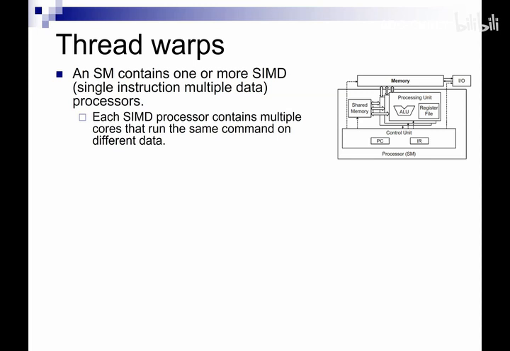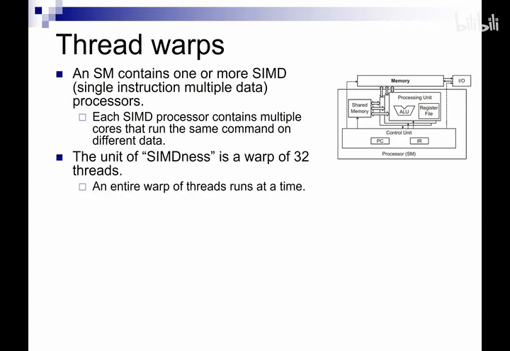If they run the same instruction, then it's operating in a SIMD fashion, single instruction, multiple data. In fact, the degree of SIMD-ness, how large your SIMD unit is, how many cores are running the same operation, determines the size of a warp. That's usually 32 threads in current generations of GPUs.